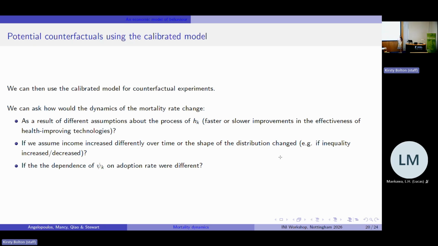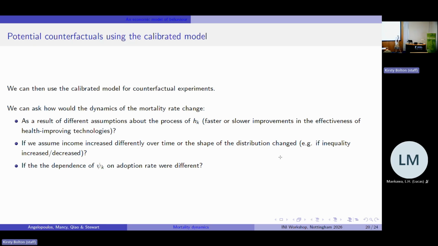So it might be that it has faster or slower improvement, or that all the improvements take place at the beginning of time rather than later on. This helps us to understand the effectiveness of health improving technologies and their impact on the mortality rate dynamics. This might help us understand something about the epidemiology, but also the public health of the period.